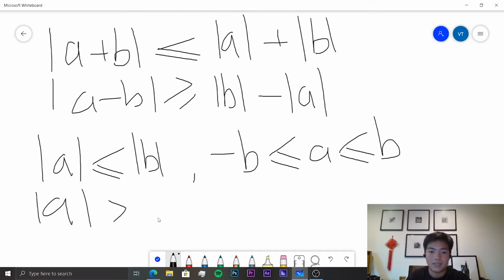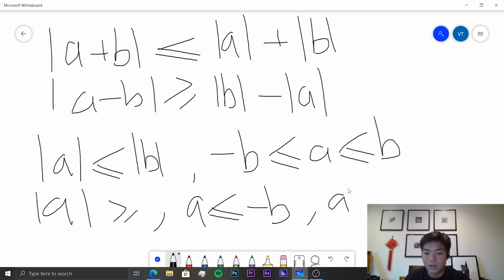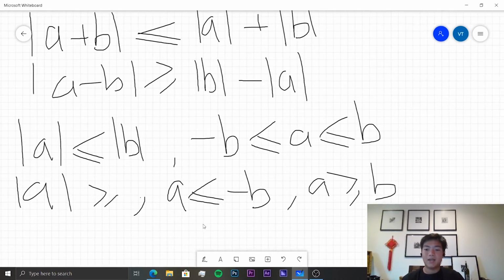If it's greater than this, then it means that the number is either less than the negative value of the number, or it's more than the positive value of the number. That was a very long list of things, but you should get what an absolute value is by now.